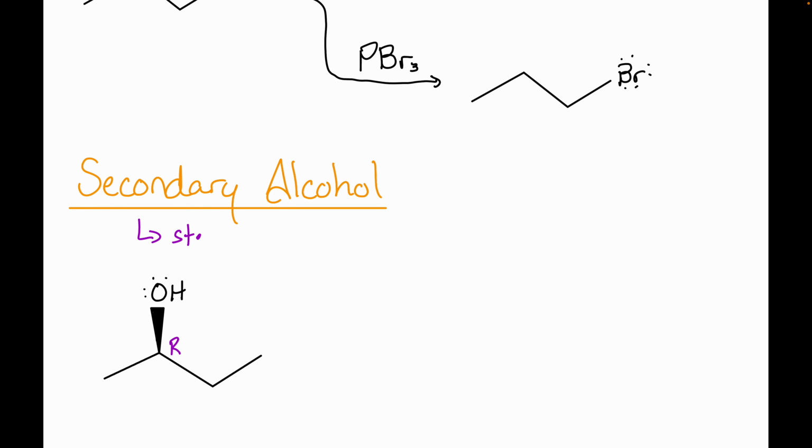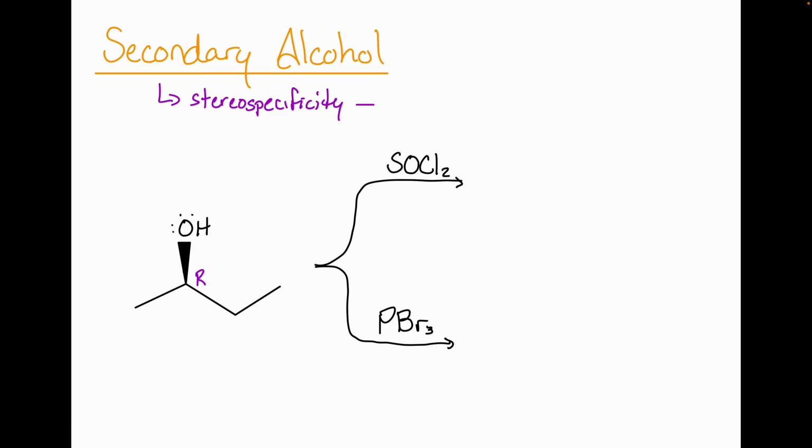All right, if we start off with a stereospecific alcohol, and we do these same two reagents here, thionyl chloride and phosphorus tribromide, we will again substitute out that hydroxyl group for a chlorine. All right, but we're going to see a stereospecific product here.